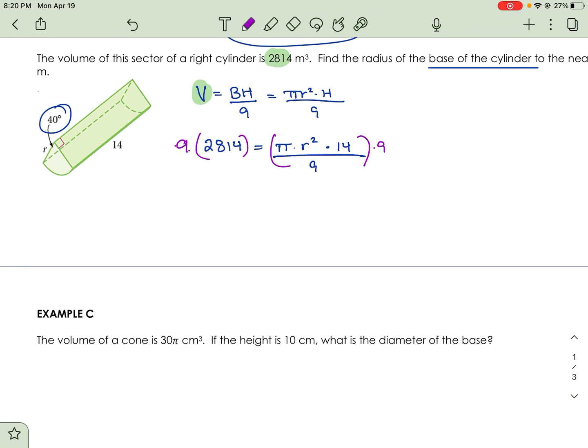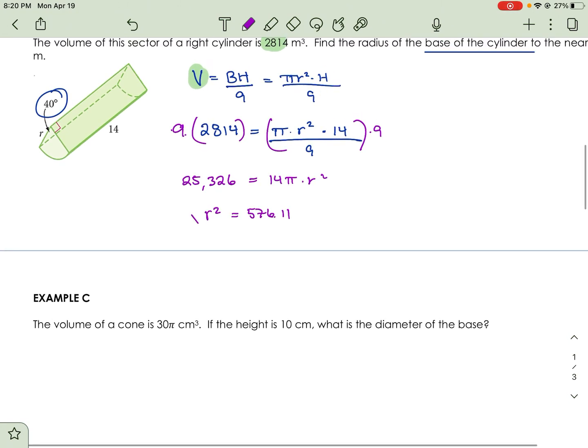2,814 times 9 would give us 25,326. That's equal to 14 pi times r squared. I'm going to divide that by 14 pi, and that gives us r squared is equal to approximately 576.11.